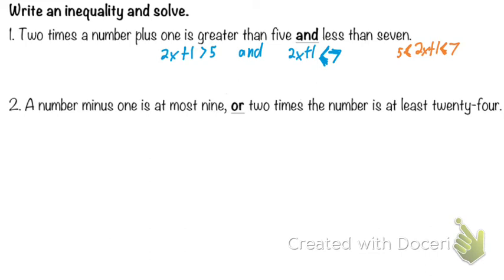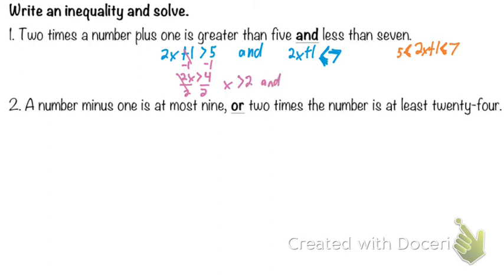Either way is fine. Now we were asked to solve it, so I'm going to solve both of these. On the far left, we subtract 1: 2x is greater than 4, divided by 2, x is greater than 2.